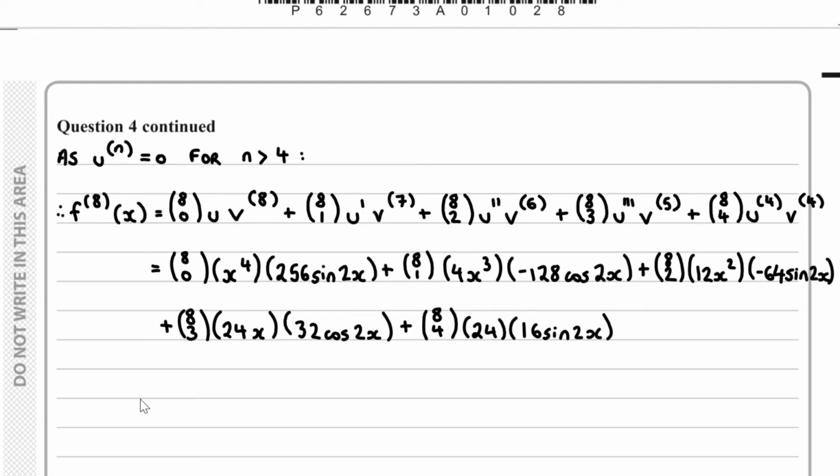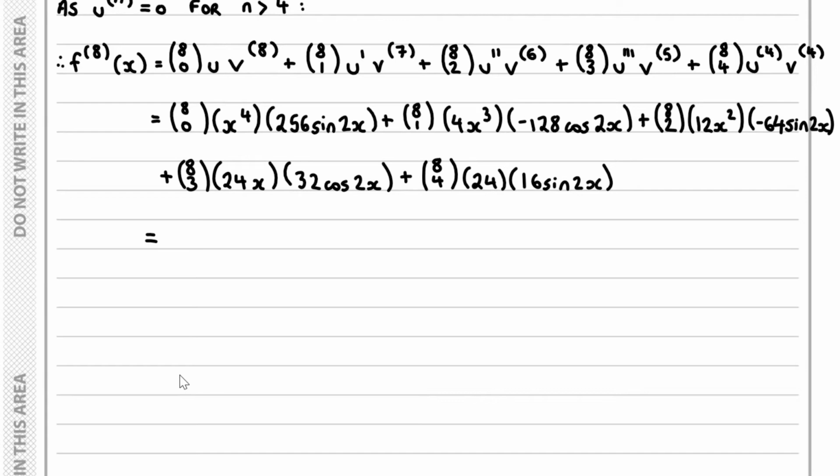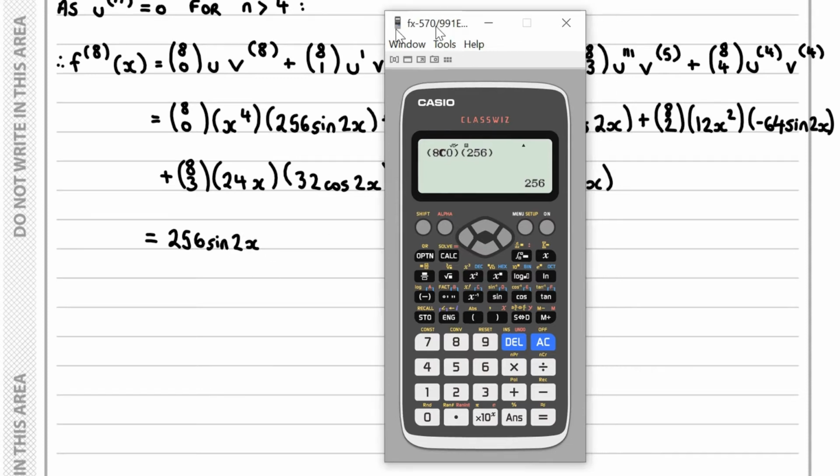So now we need to tidy all of this up even further. And of course we can just use our calculator to work out the coefficients. So first of all, we have 8 choose 0 multiplied by 256. So here we have 256 times the sine of 2x.